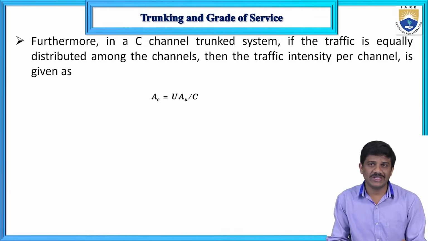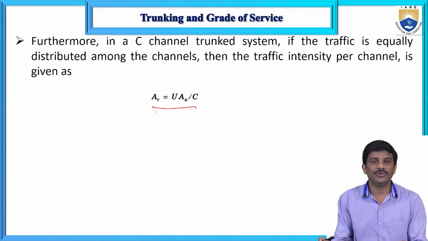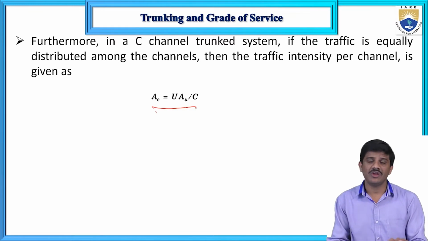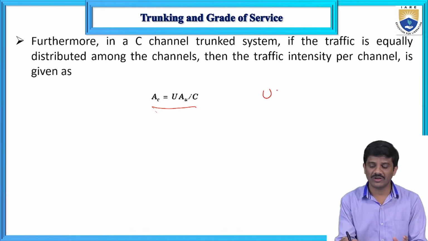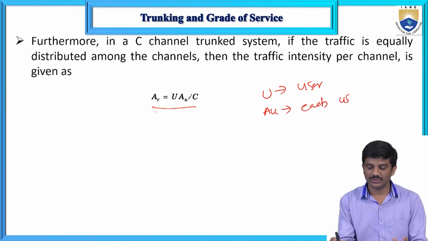If the traffic is equally distributed among the channels, then the traffic intensity per channel is given as AC equal to U into AU by C. We know that U is the number of users, AU is each user's traffic intensity, and C is the number of channels.